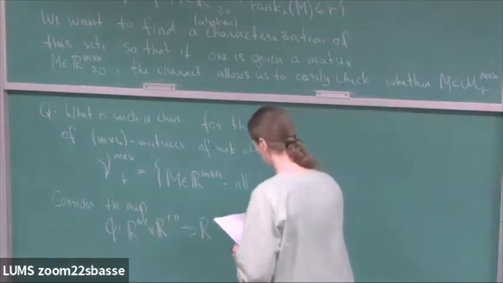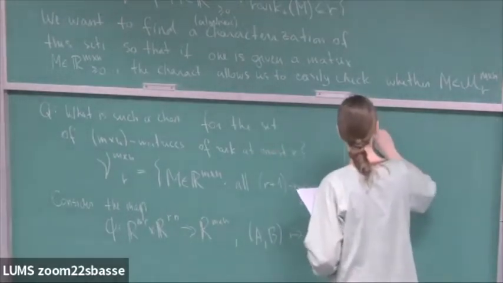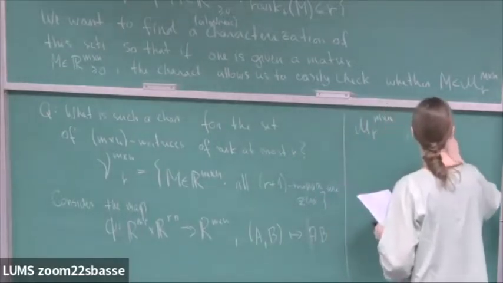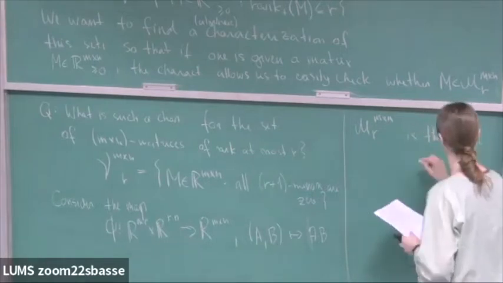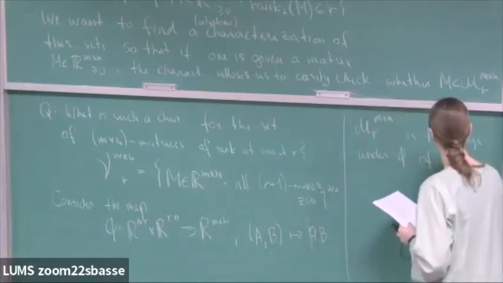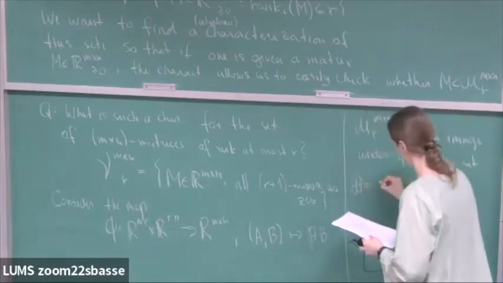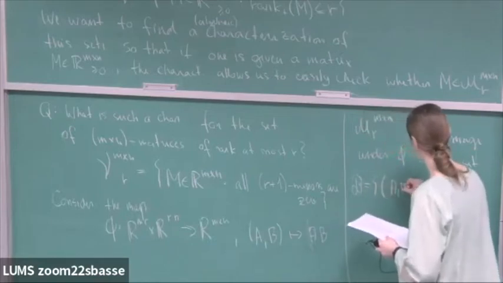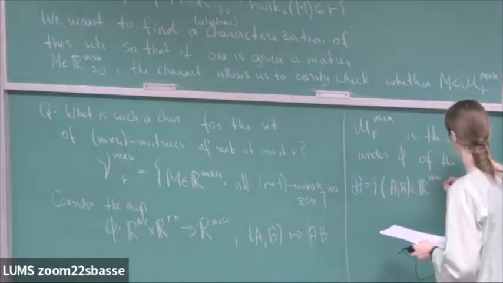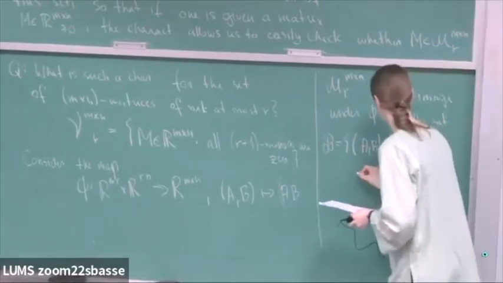So M_{m×n}^r is the image under phi of the set of matrix pairs A and B such that A and B are both non-negative.